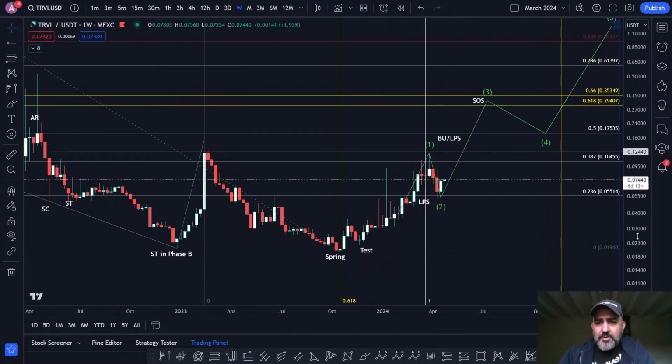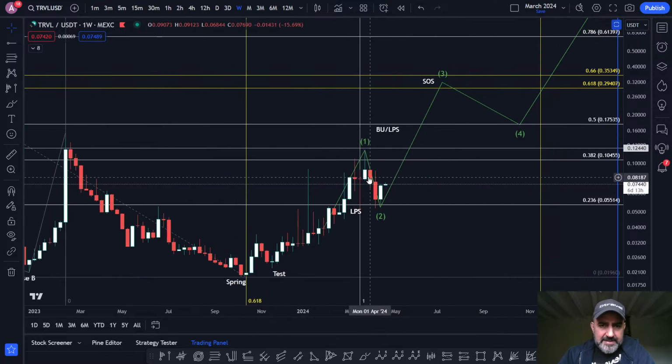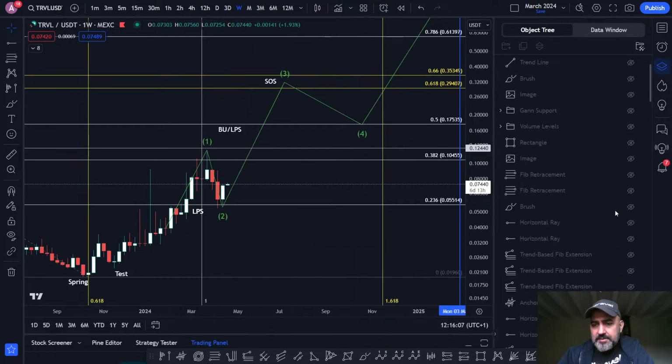You can see now on the higher time frame, on the weekly time frame, we've nicely come back to test this 5.5 cents area on 2 occasions with this green gravestone doji. You can't see it, so let me just hide this.